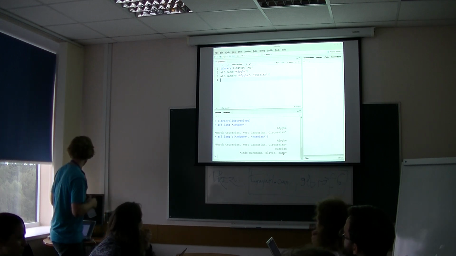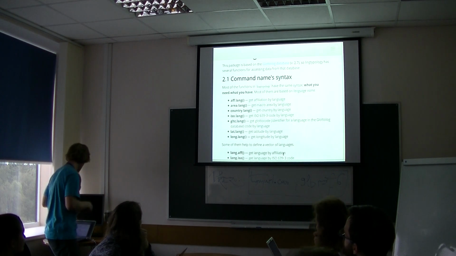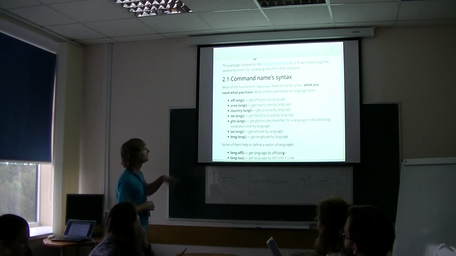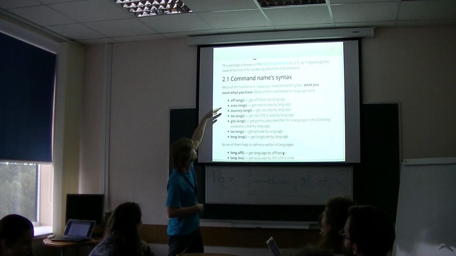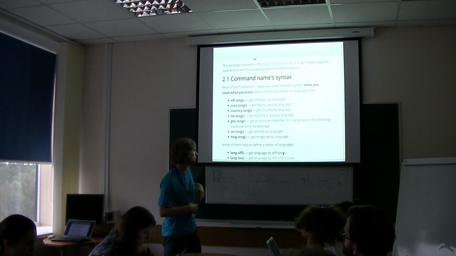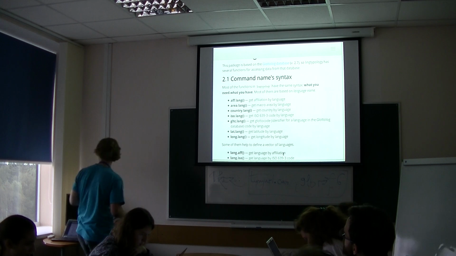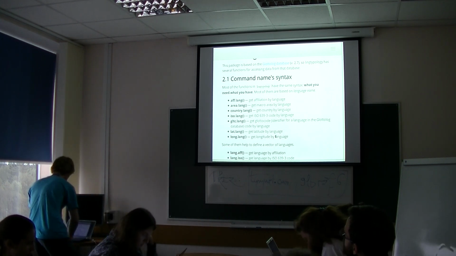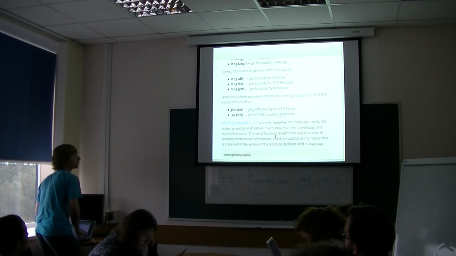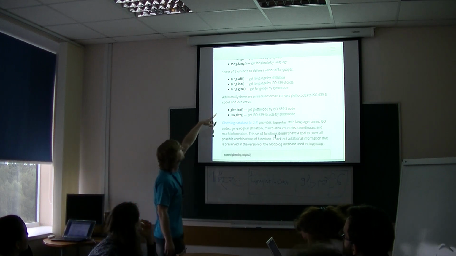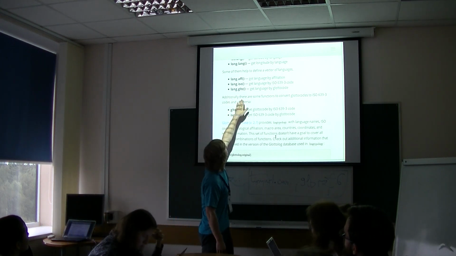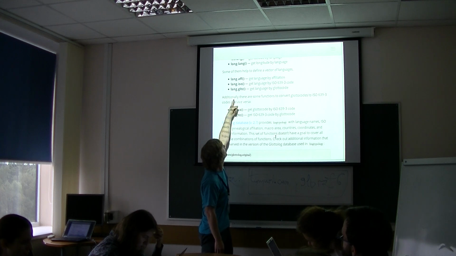Okay. So what are the functions we have here? We have different functions to get some information based on language. We could use it in the reverse way. For instance, here we have a function that gives me some languages based on affiliation, ISO code, or Glotto code.